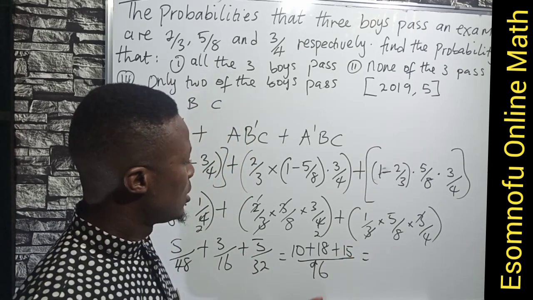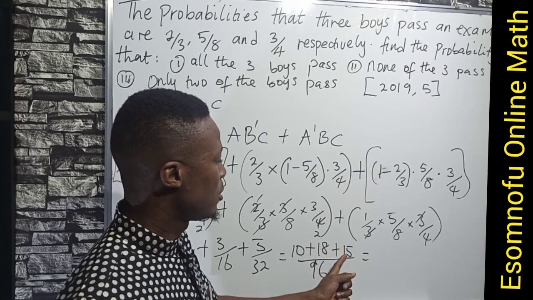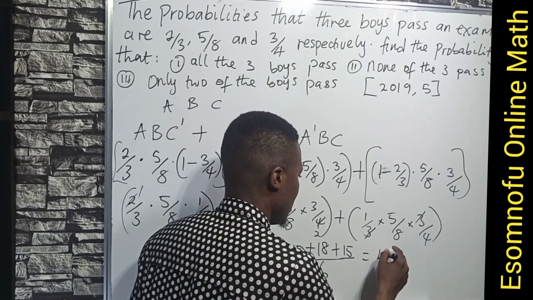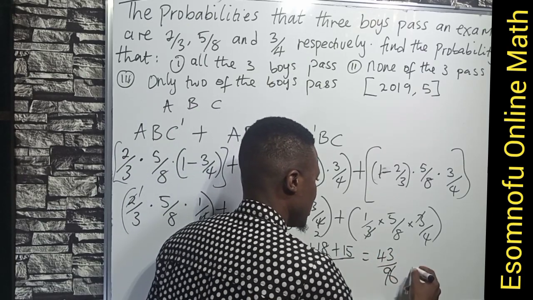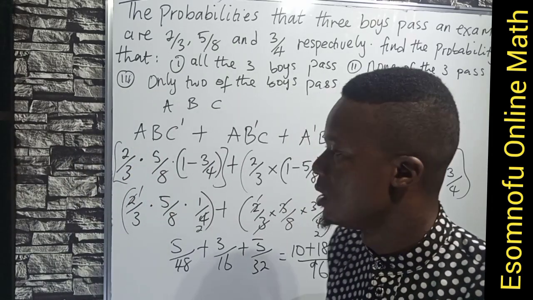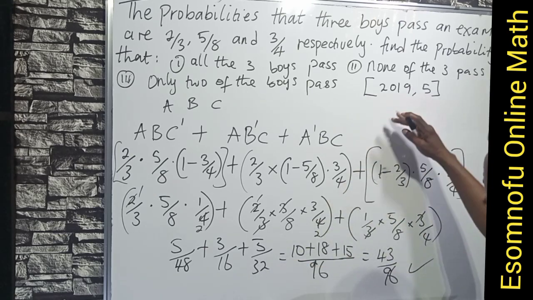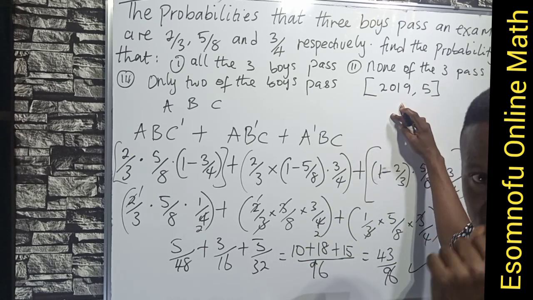Then you add up. This is 18. 18 plus 10 is 28, plus 15 will give you 43 all over 96, and this should be the required answer. You can actually put it into a decimal. So this is the solution to this particular problem that surfaced in WASSCE 2019 number 5 objective question.